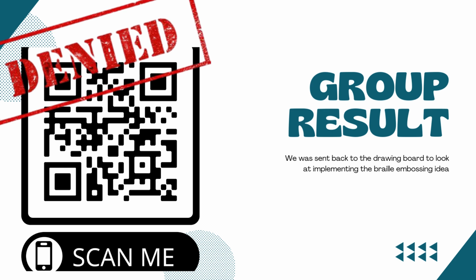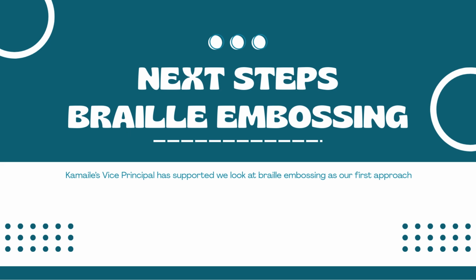When we talked more about why I wanted to do this and what my next step was, the school felt that the braille embossing would probably be a better approach to start with. So my next steps are to work on the cost for the braille embossing, how it can be implemented, and the time frame, and then submit that proposal to my school administration.